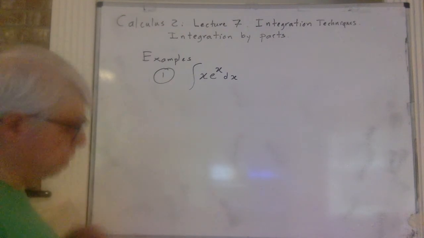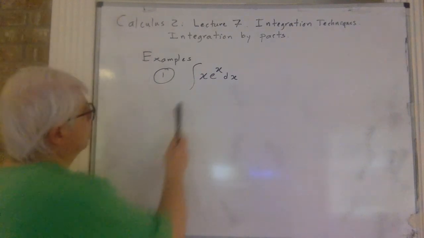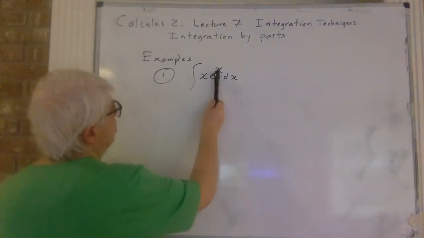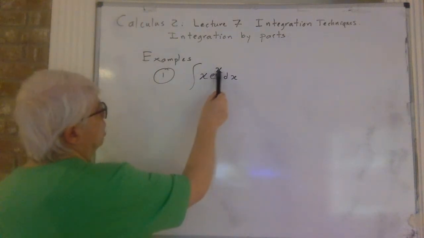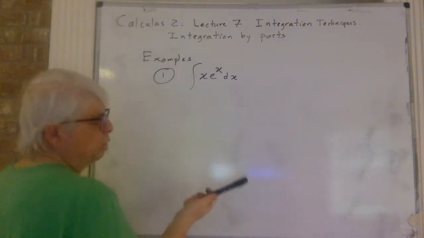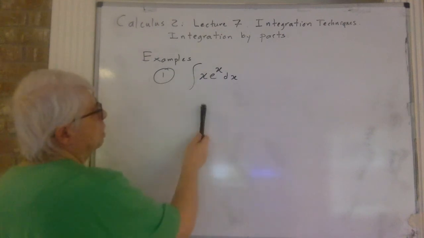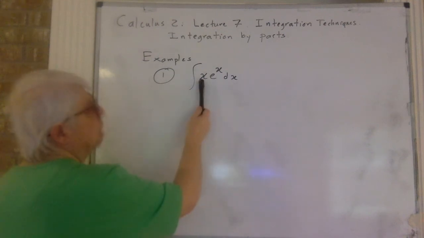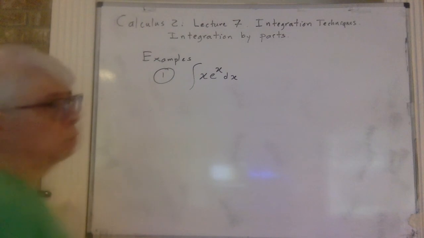If you look at this, you might say, okay, there are two functions multiplied, and maybe you have an inside function. The inside function is this x. Inside function being x is not so nice. But do we have the derivative of x here? The derivative of x is 1, not x. No. So integration by substitution doesn't work.